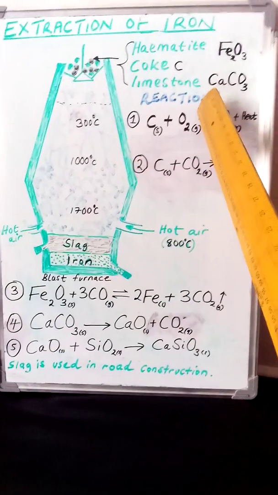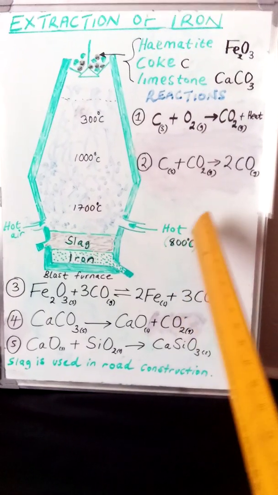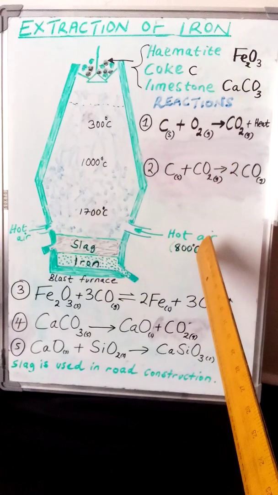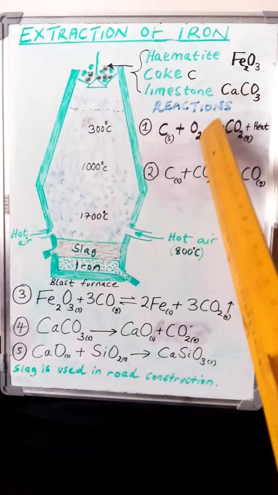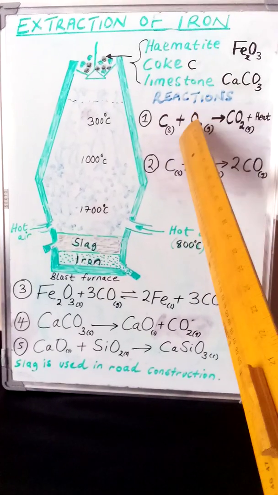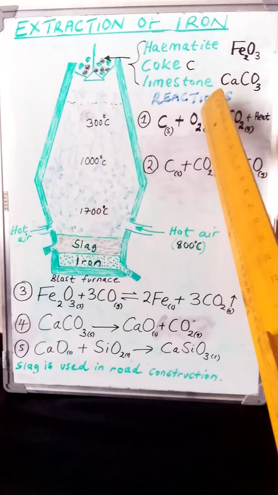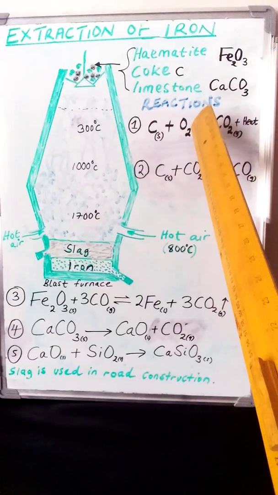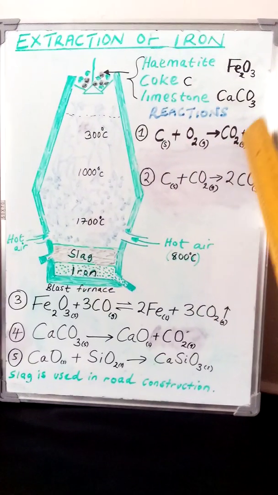So the first reaction that takes place is that when this ore is allowed into the blast furnace at about 800 degrees Celsius, the carbon reacts with the air. In this case, the coke reacts with the air. We have represented the air with oxygen gas, because it is actually the oxygen which is going to react with the carbon to produce carbon dioxide plus heat.